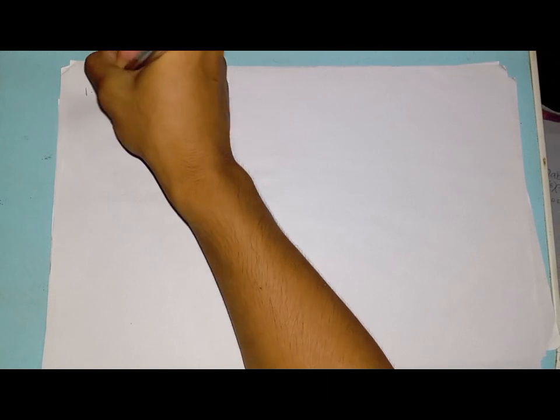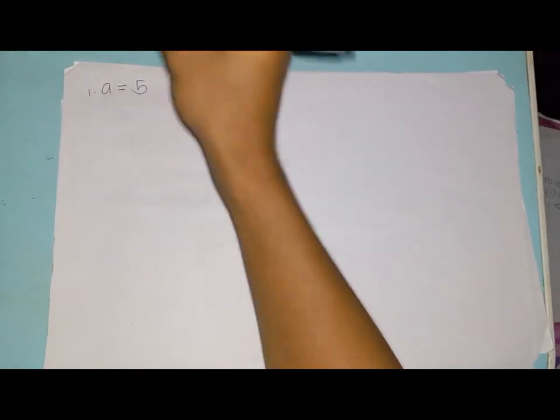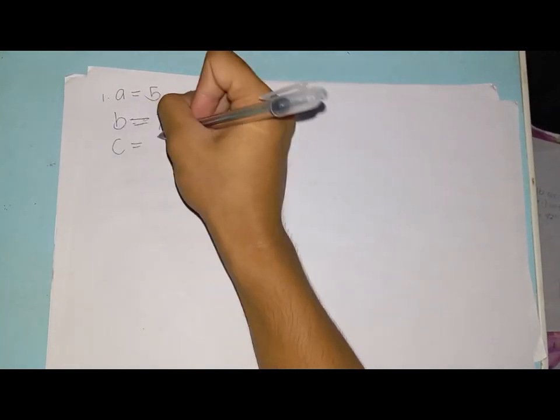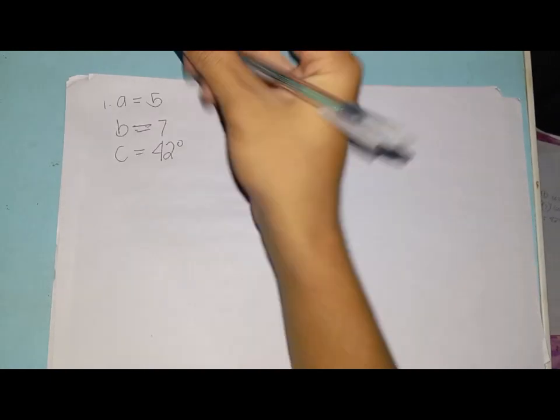First we are going to solve number 1, which is a equals 5, b equals 7, and C equals 42 degrees.